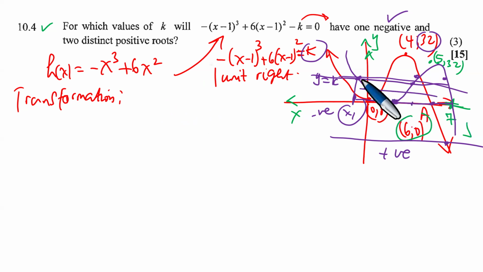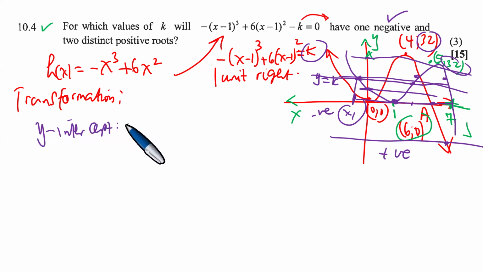Because we can only get the negative intersection between the y-intercept here and the highest y value, which is 32. So we need to find the y-intercept.